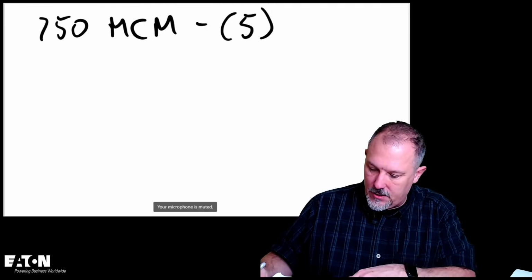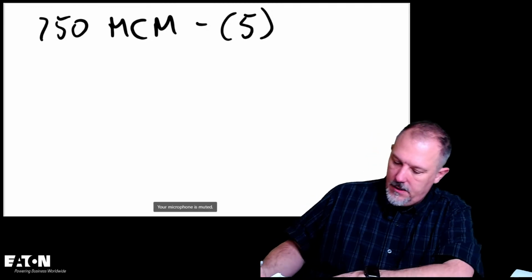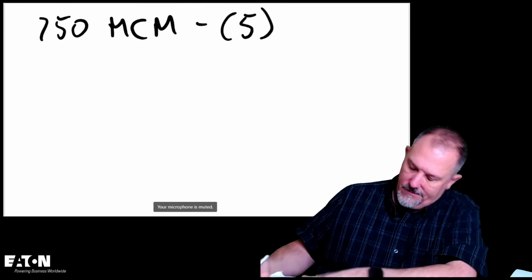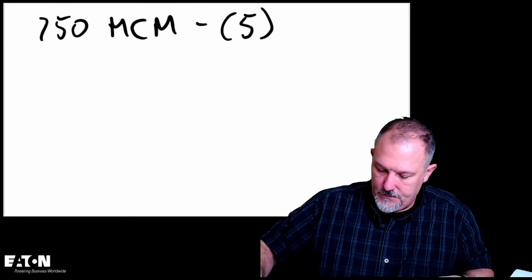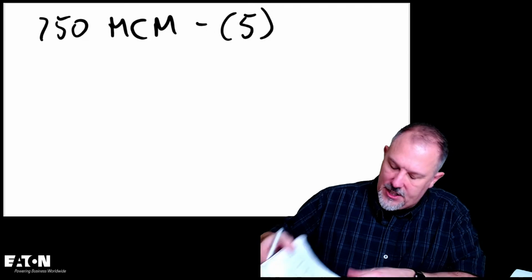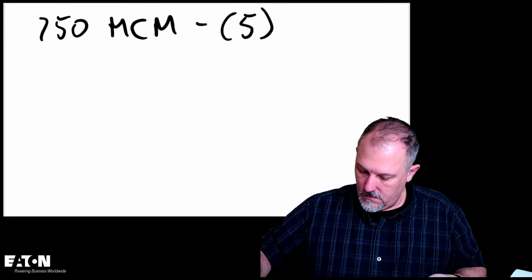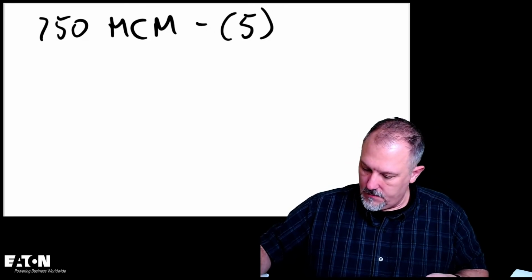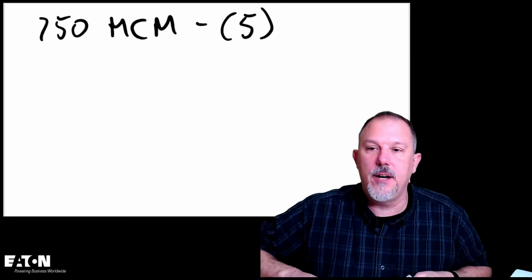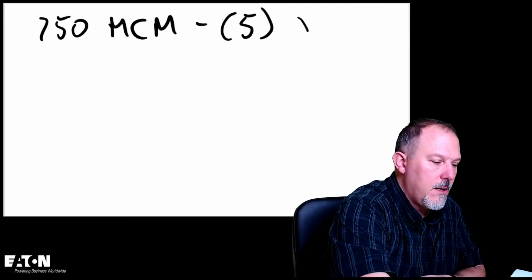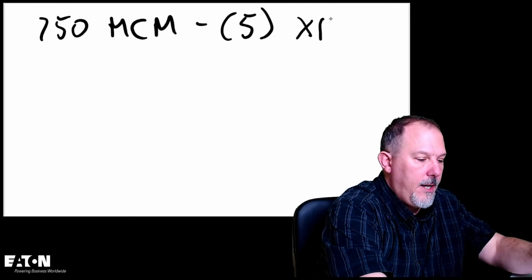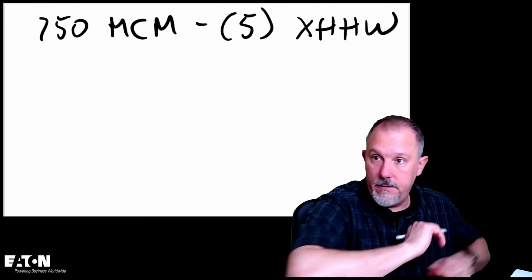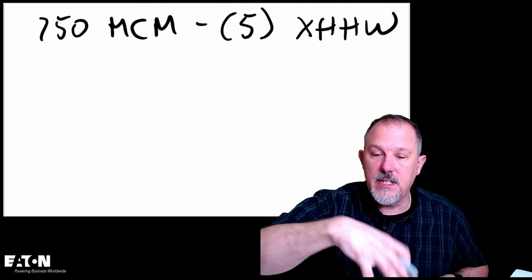Say, I don't know, THHN? Or how about XHHW? Yeah, so then we'll say XHHW. Now I want to figure out how many of these I can put in a raceway.